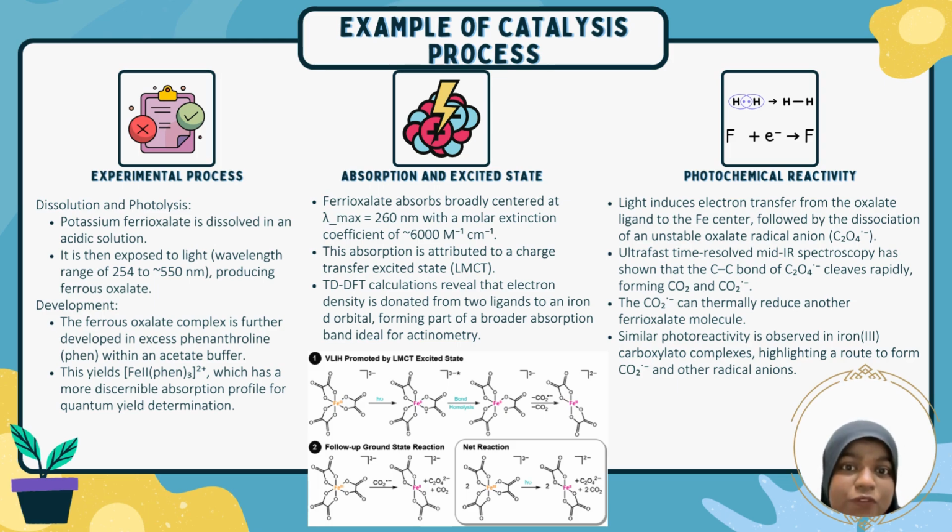This leads to the formation of an unstable oxalate radical anion, which dissociates into carbon dioxide. Next, another ferrioxalate molecule is then treated with excess phenanthroline in acetate buffer to form a complex of ferrous iron and phenanthroline, whose absorption profile is easier to analyze.